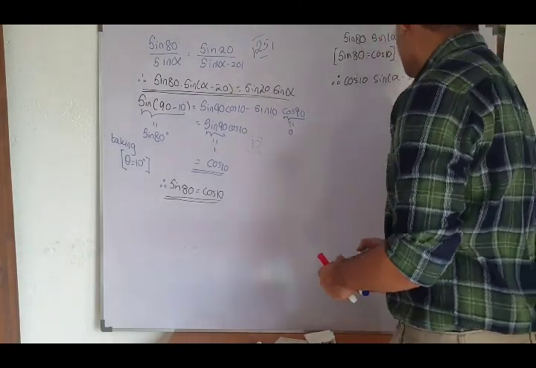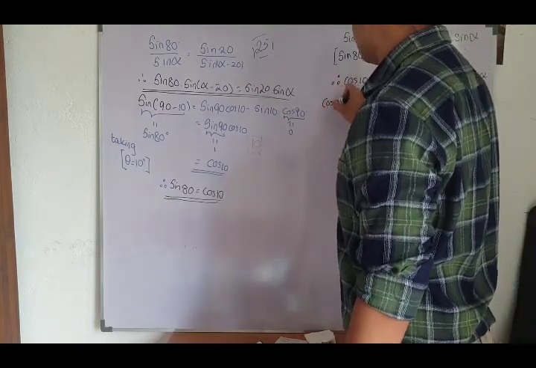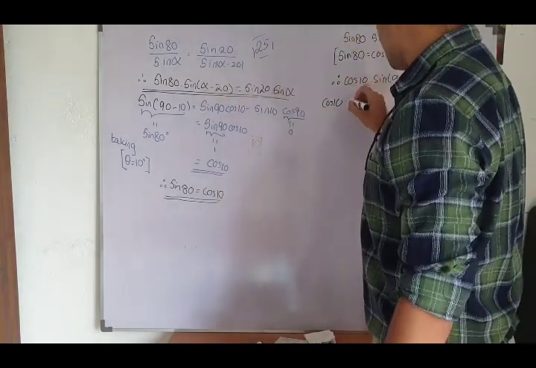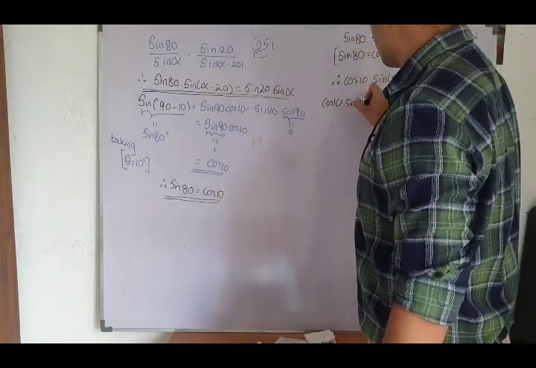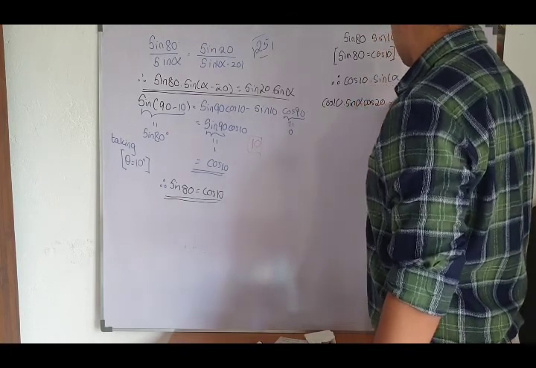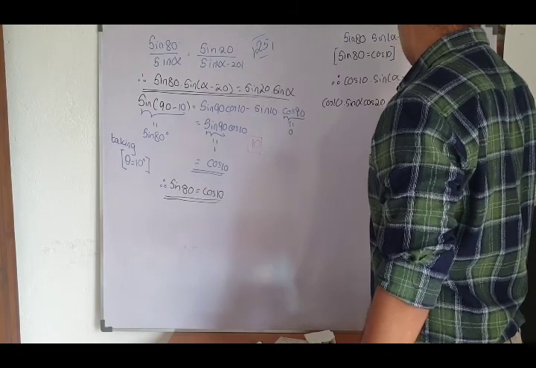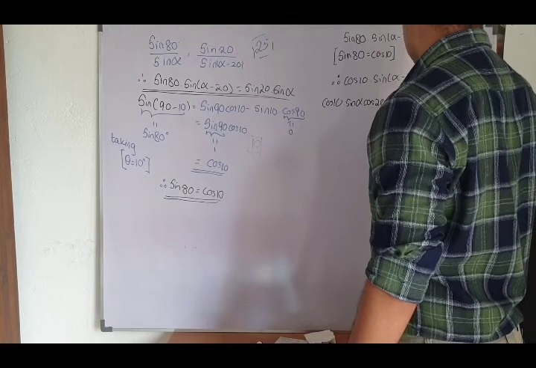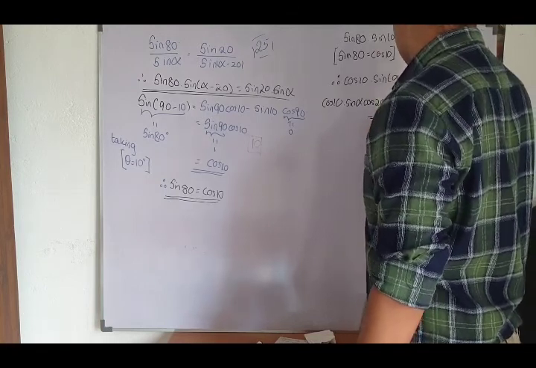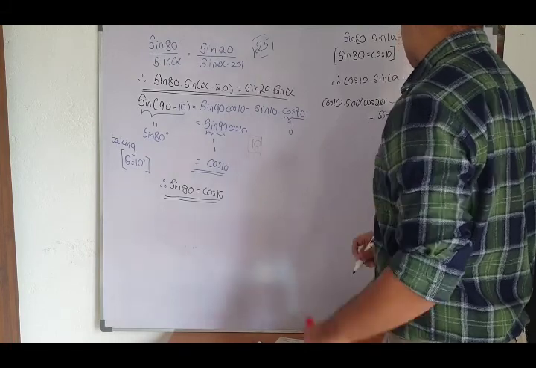So now we should arrange this. That is one easy step. You should expand using the very first expansion. So cos 10 dot sin alpha cos 20 minus cos 10 cos alpha sin 20 is equal to sin 20 dot sin alpha.